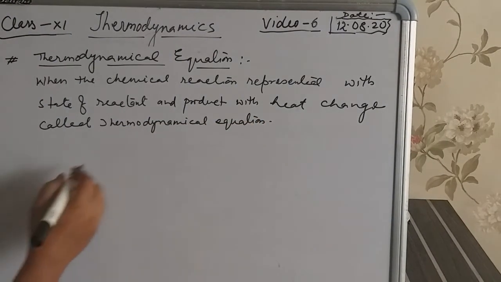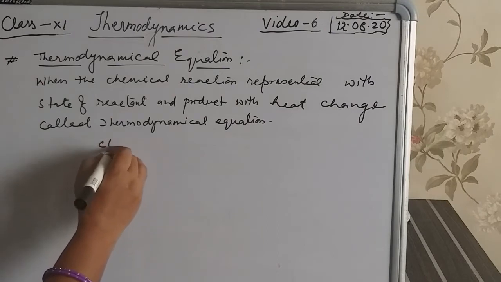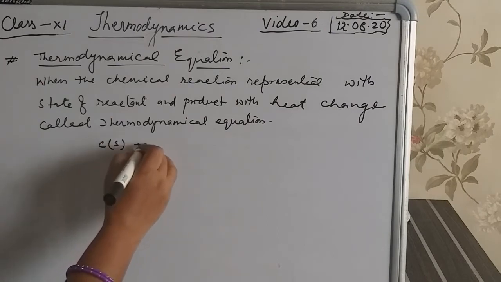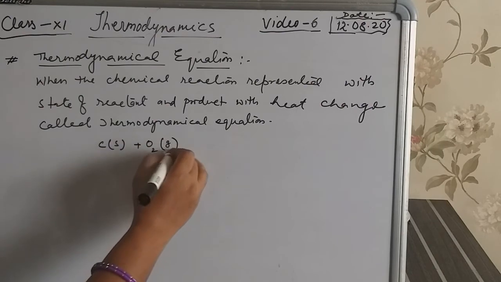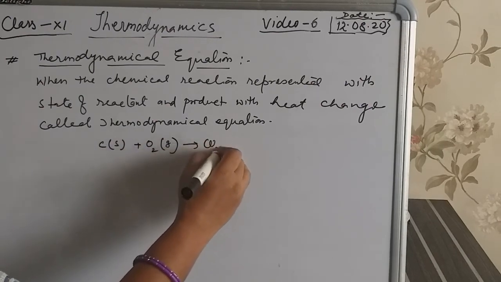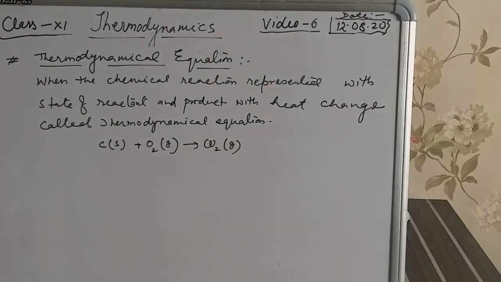Simply, for example, carbon in solid state and oxygen in gaseous state form CO2 in gaseous state.